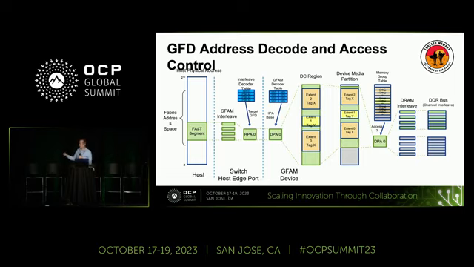When it hits the GFAM device, the GFAM decoder table is a table with an SPID lookup and an HPA value. That is used to normalize that HPA to a DPA. Then that gets translated into the DC region. The GFAM devices also have the concept of a device media partition, which is an overlay on DC region.